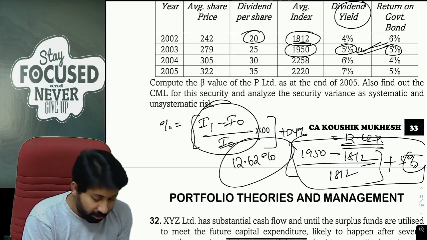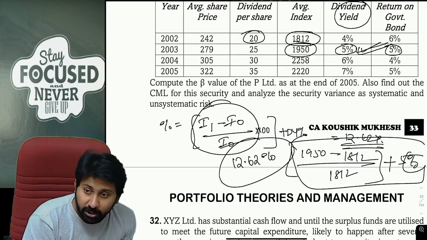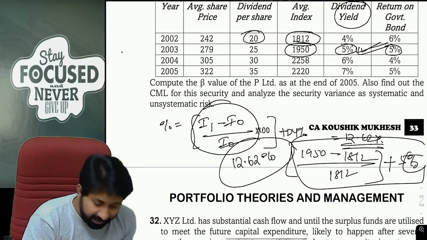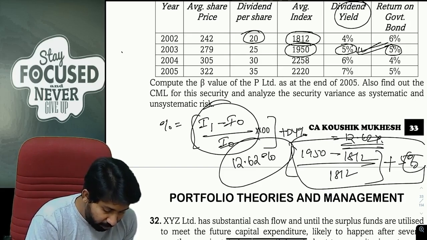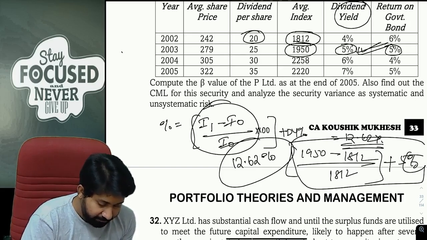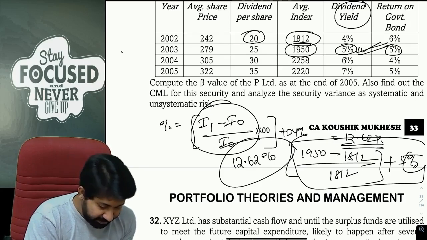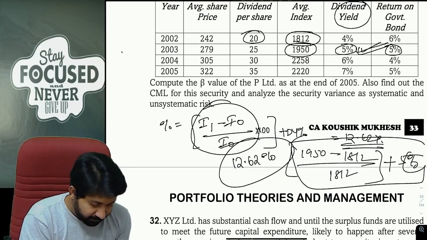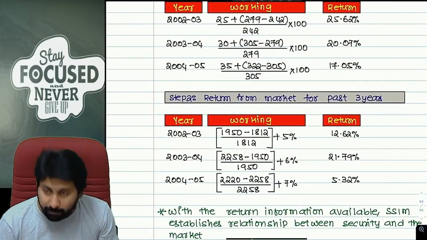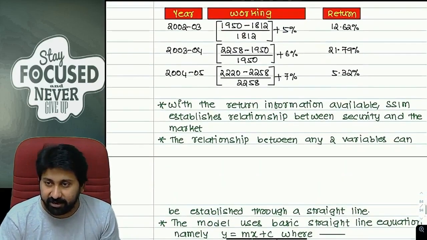Like that we need to calculate also for the next year. Please take the calculator. 2258 minus 1950, whole divided by 1950, into 100. 15.79. 15.79 plus 6%. How much is it? 21.79.